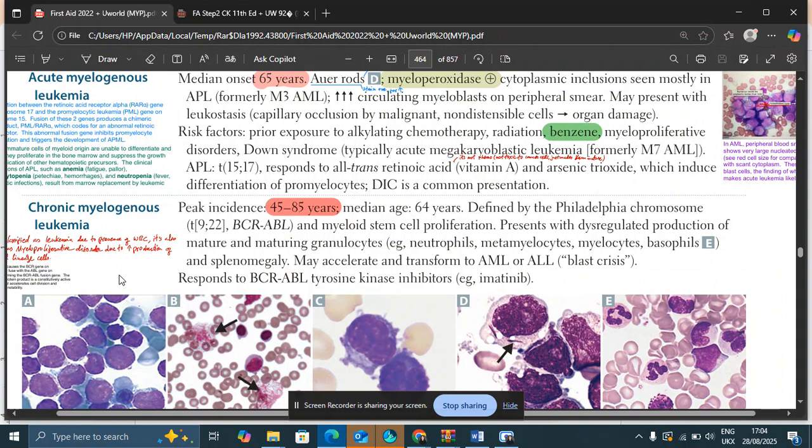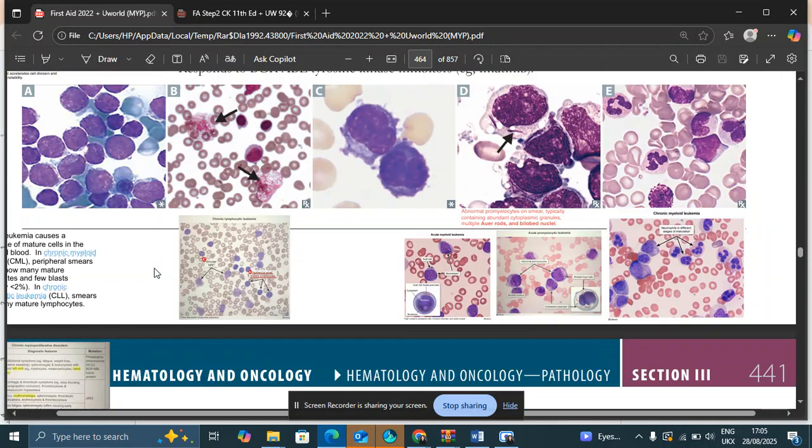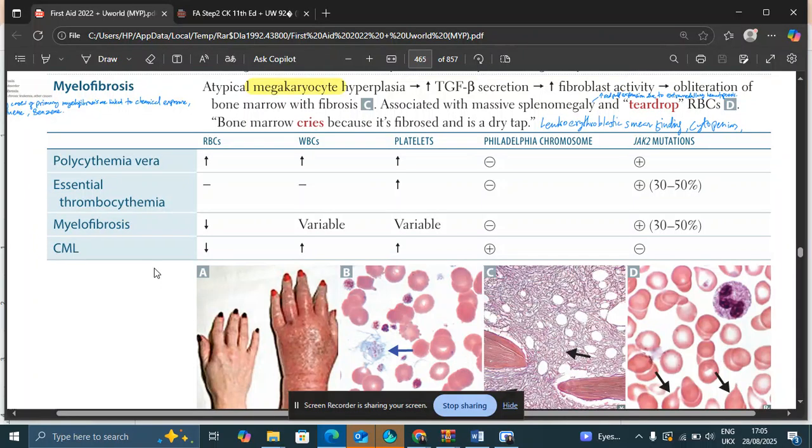Philadelphia chromosome, which is the BCR-ABL proto-oncogene, translocation 9;22. These are the important points you should remember for your Step preparation. The Philadelphia chromosome is a classic finding of CML. Okay, and the treatment option is BCR-ABL tyrosine kinase inhibitors, which is imatinib. These are the highlight points for CML.